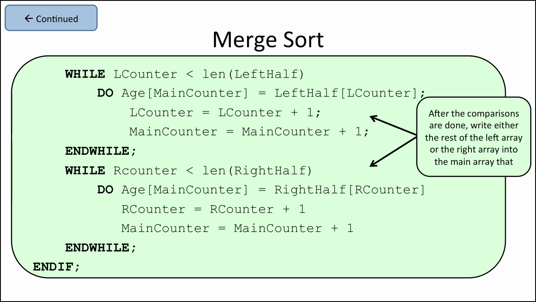So we have two loops here. Either there's values left in the left half of the array or values left in the right half of the array. Whichever it is, write them into the main array then. So this is fiddly stuff, because this is the program done. What we need to remember is, because this is recursively being done, we do a split and then we've just one element of each.